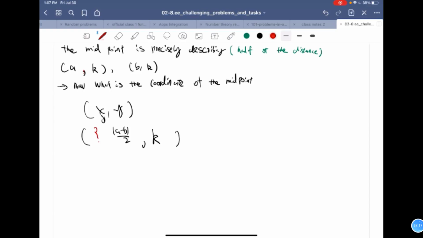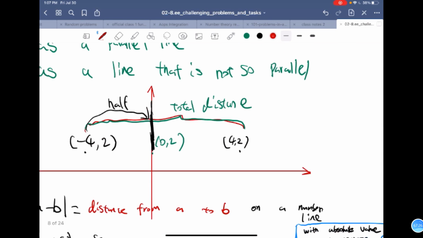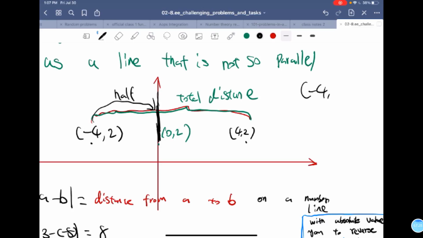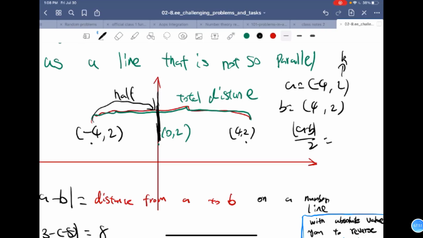Alright, so let's assume this is the right way to put it in. When you have this, right? A is -4, 2, right? So here's K. B is 4, 2, right? As the way you have suggested, A minus B, what is this? Isn't it a plus a?